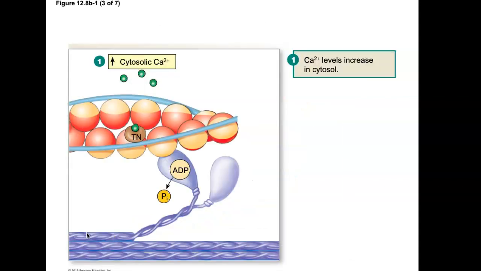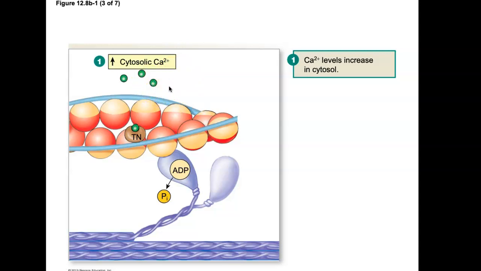What changes? Well, the first thing that needs to happen is calcium levels need to increase inside the cell. So there needs to be a release of calcium from its storage location. And now I have these little balls of calcium.